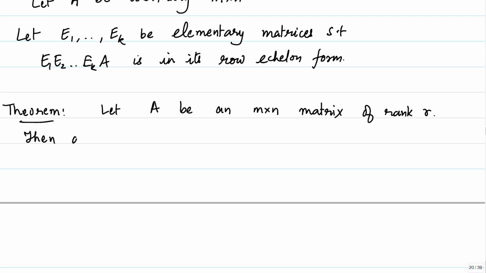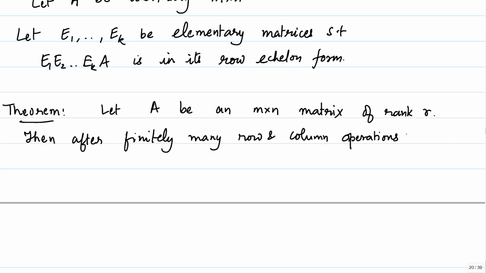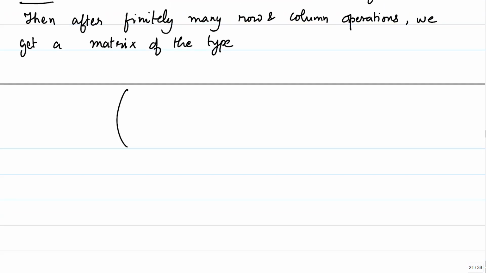Then after finitely many row and column operations, we get a matrix of the type, write it down here, I_r, which is the identity matrix of size r.